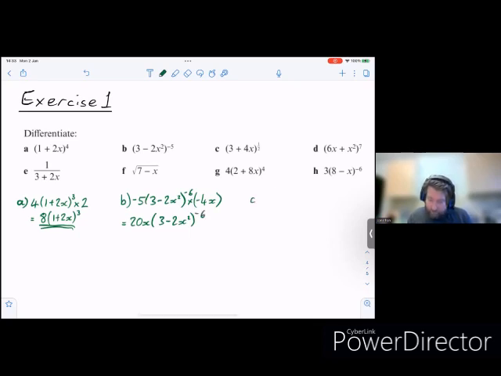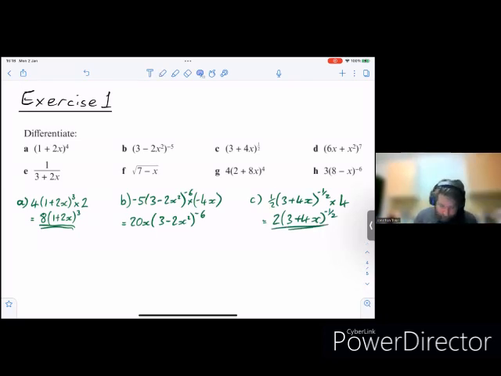Part C becomes 1/2, 3 plus 4x to the -1/2 times 4. So that becomes 2, 3 plus 4x to -1/2.